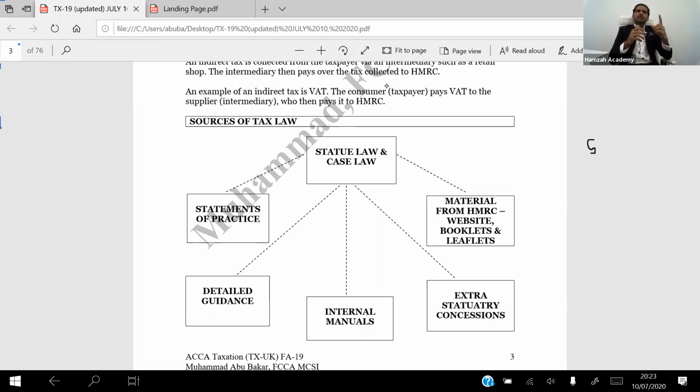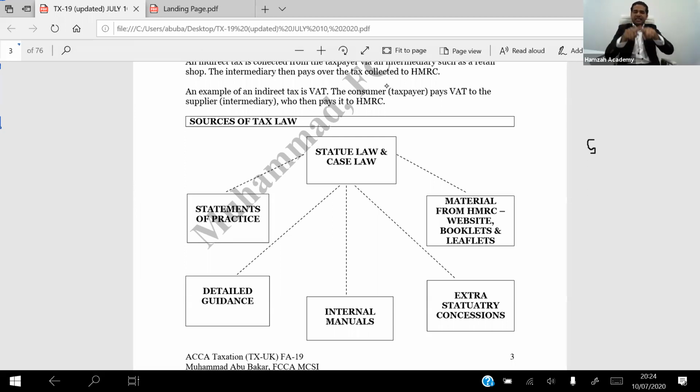Why? Hundreds of years ago, there was a tax law written by the government. So that is the first source. Then so many cases appeared day after day, with so many different scenarios and so many different debates.